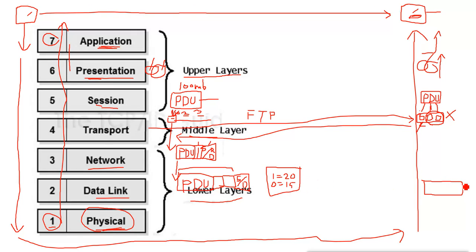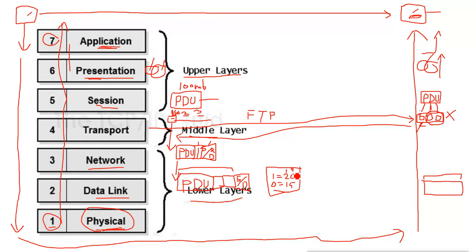Now when it reaches the destination, it opens the header here on the data link layer and it checks the data. So it checks all the binary of the data, and then it checks the CRC, and then it compares: is it 20 ones and 15 zeros? Now if the data is corrupt, maybe this combination will not be equal, maybe the ones are not 20, it reaches only 19 ones.